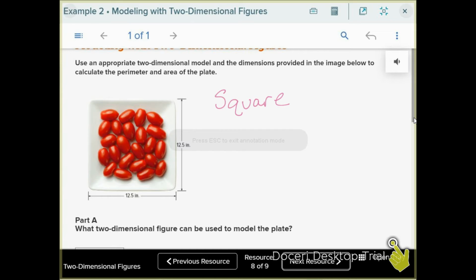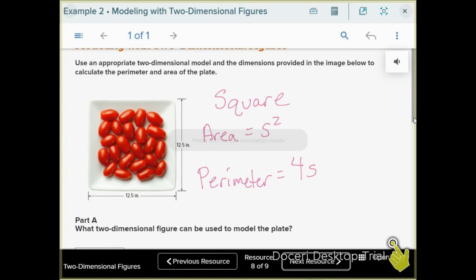If it's a square, I can use the area equation for a square, which is the side squared, and the perimeter equation for a square, which is 4 times the side, or adding up all 4 sides, which should be the same measure.